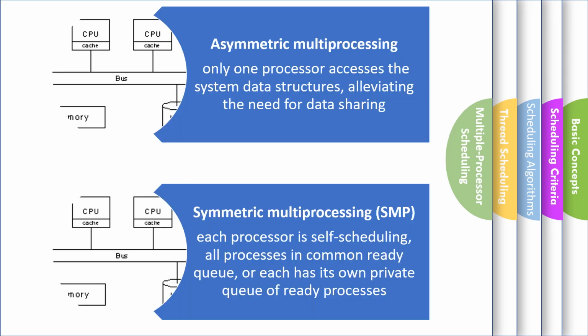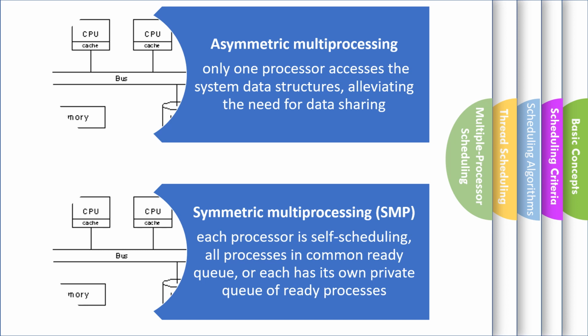So in this case, load balancing is the important thing to do. This multiprocessor system can be asymmetric multiprocessing or symmetric multiprocessing. You have already understood these in the first unit. Here we are only trying to understand that in asymmetric multiprocessing only one processor accesses the system data structure, eliminating the need for data sharing. Whereas in symmetric multiprocessing, each processor is self-scheduling.